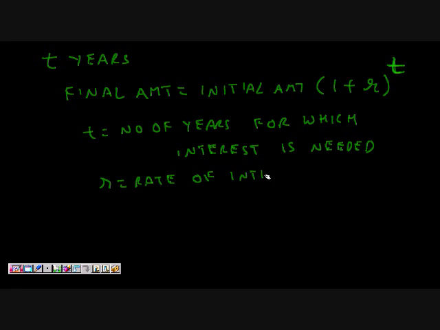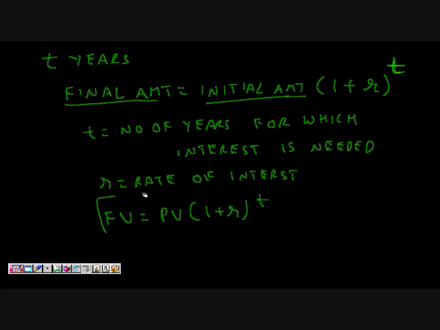And then the initial amount is the amount for which you want to calculate the interest, and you can get the final amount by this formula. So we can write FV, which is the final amount, is equal to initial amount, or we can call it the principal value, into 1 plus r raised to t. So this is the formula that you can use to derive the compound interest. Okay, thank you.